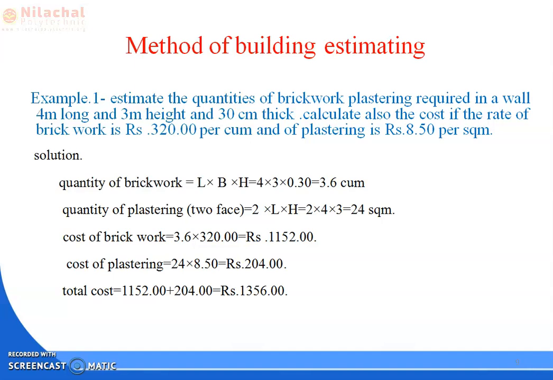The total cost is the cost of brickwork plus the cost of plastering, so 1152 plus 204 is equal to 1356. So 1356 rupees is the total estimate for the brickwork and plastering.